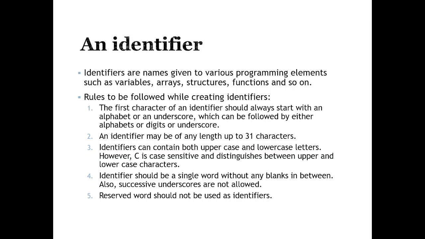The first rule is that the first character of an identifier must be a letter. What is the meaning? For example, I can say he is Mr. 123 Dinesh. That is not a good name. So I can say Dinesh, I can say Suresh.